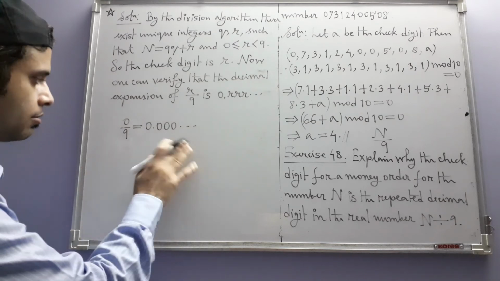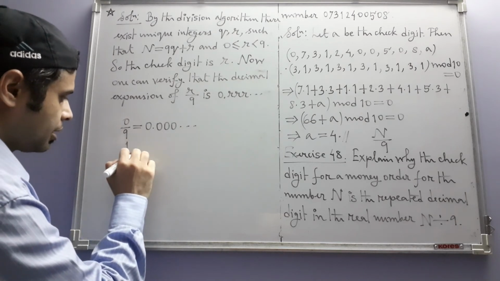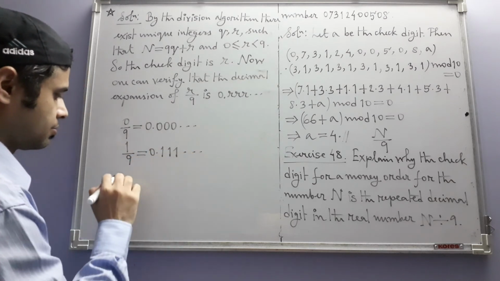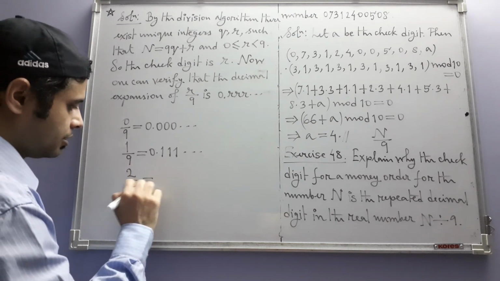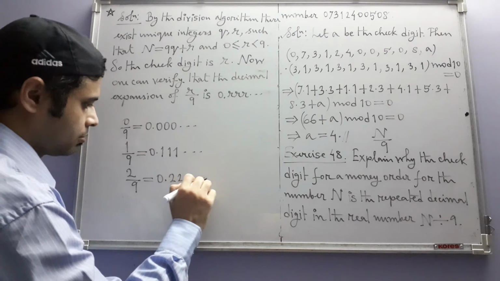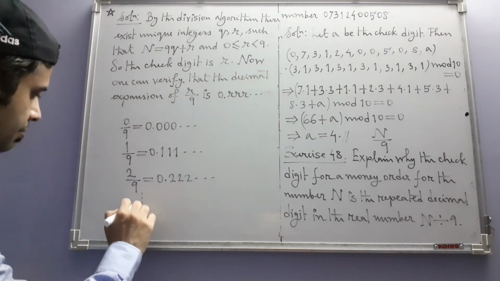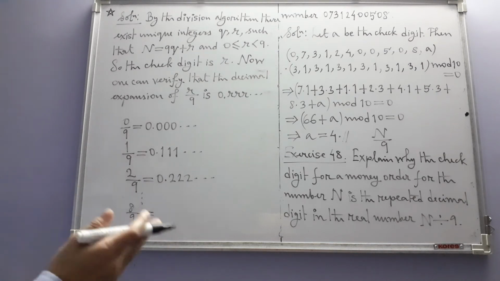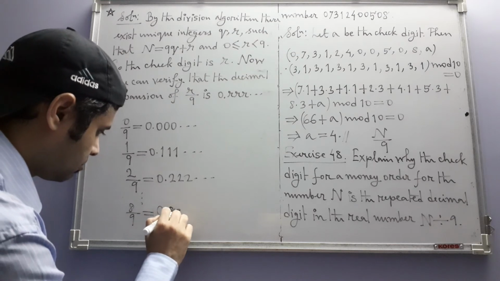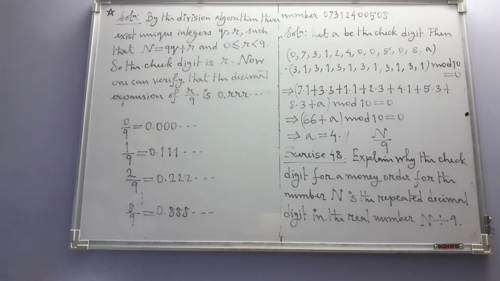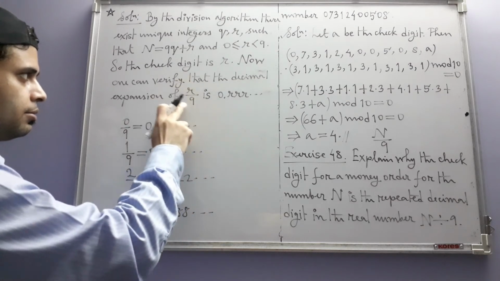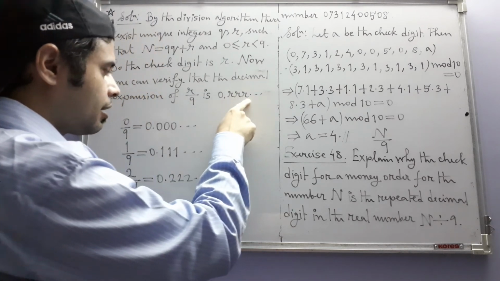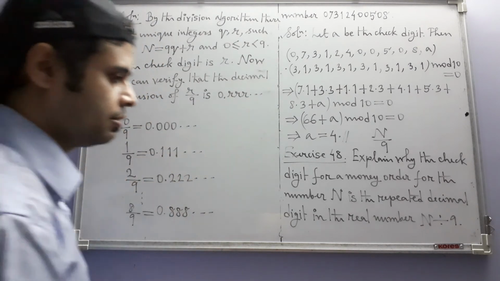This of course is obvious. This if you calculate, it will turn out to be this. If you calculate 2 divided by 9, it will be etc. all the way up to 8 divided by 9. Note that R can be at most 8. So because of this, the decimal expansion looks like this, and it makes sense also because R is a digit that is less than 9.